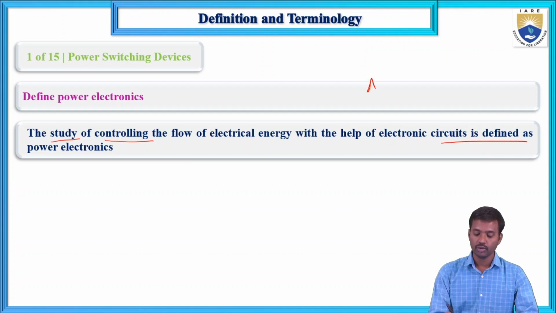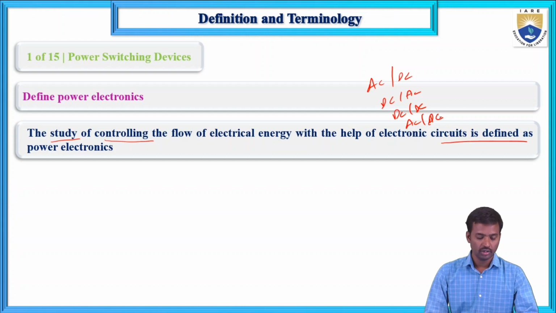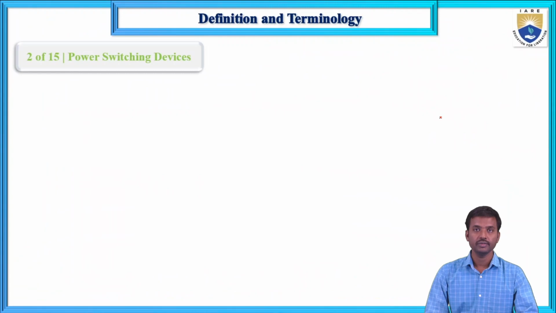That means AC to DC, DC to AC, DC to DC and AC to AC, fixed to variable. So that is power electronics. It is a branch of electrical and electronics engineering subject.